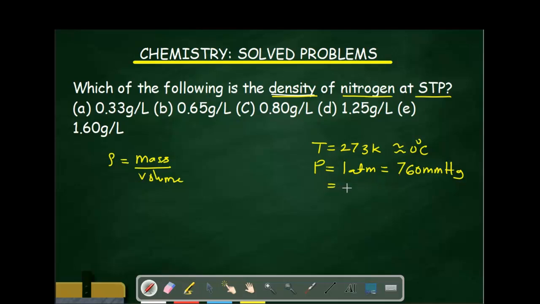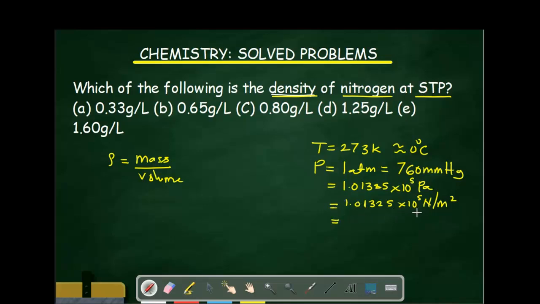In other units, standard pressure is also 1.01325 times 10 raised to the power 5 Pascal, or you could write it as 1.01325 times 10 raised to the power 5 Newton per meter squared, because 1 Newton per meter squared is what we call 1 Pascal.